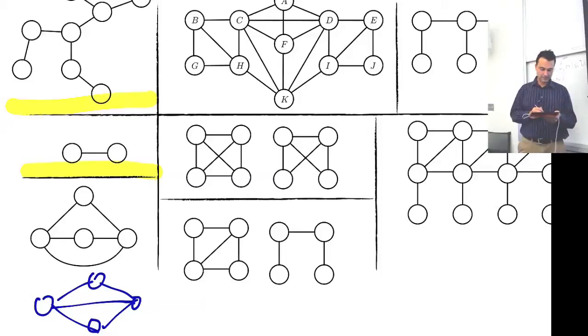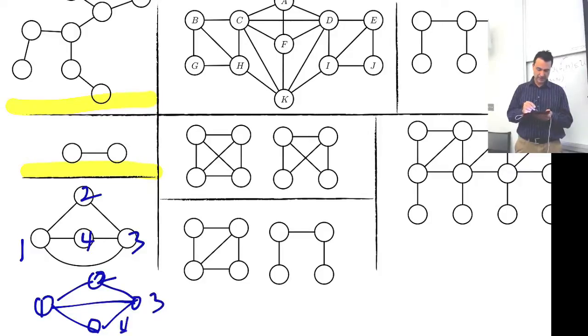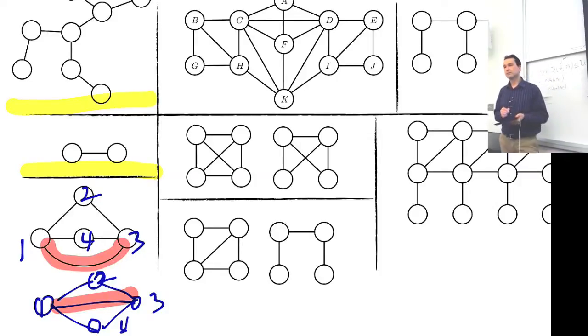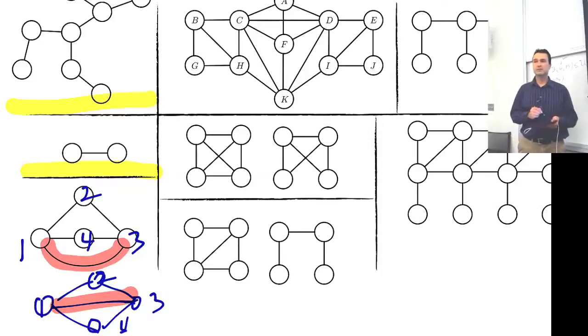So if this is like 1, 2, 3, 4, and this is 1, 2, 3, 4, and this edge here is the same as this edge here. So all cycles have a chord. Got it?